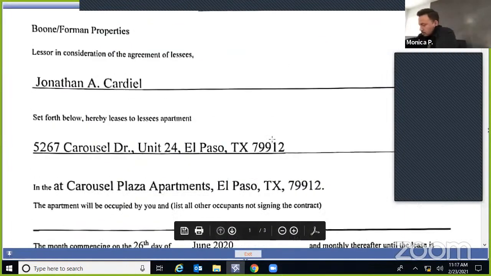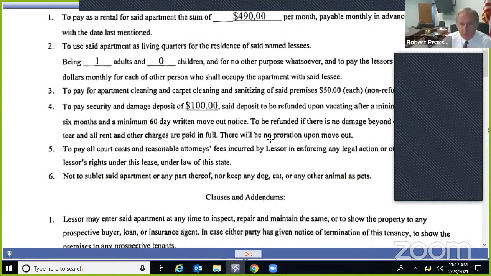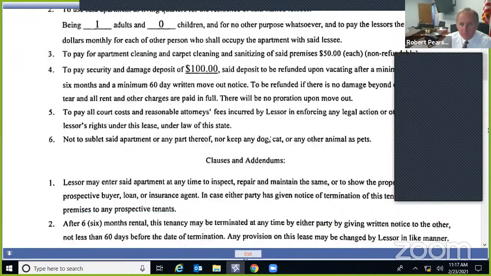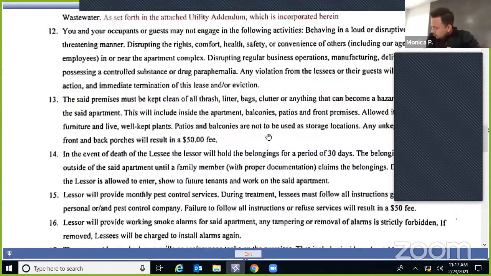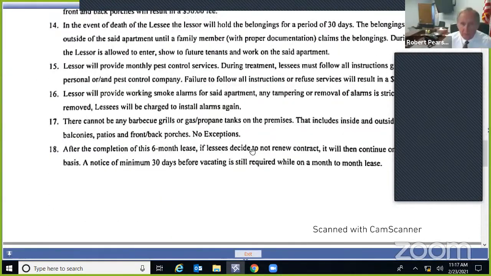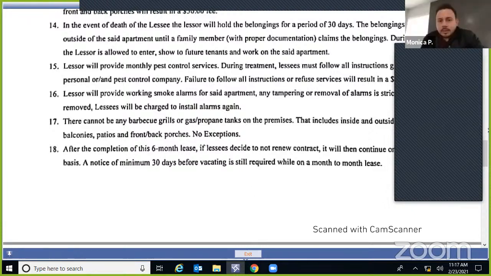It's section 18. After the expiration of 6 months, if lessee decides not to renew, it will then continue on a month-to-month basis. A minimum of 30 days notice before vacating is still required on a month-to-month. So it doesn't specify.